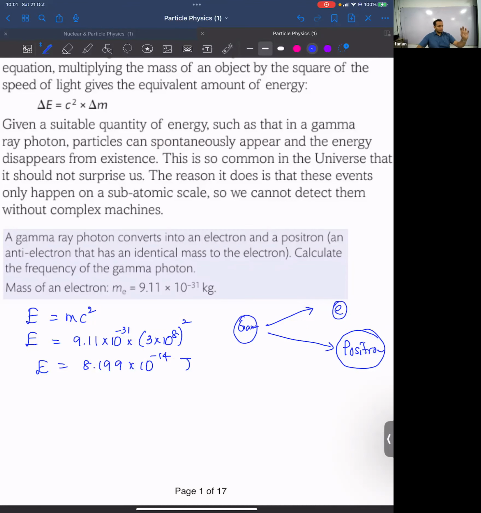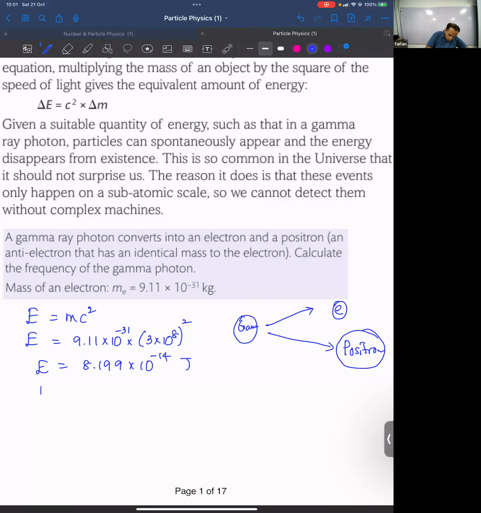This is the energy of the electron. If you take the energy of the positron, it will also be the same because the positron has the same mass, so the energy equivalence for the positron will also be the same.